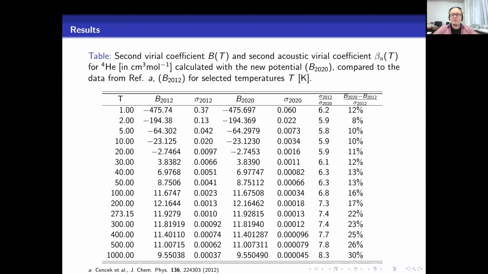Actually, this month there was a paper by Song, which also performed the same calculations, but with the previous potential of Michał Przybytek from 2017, and we are basically in complete agreement for helium-4. There are massive disagreements for helium-3, but it's a topic for a longer discussion. We believe that our results are the proper ones, and they agree also with Czachorowski.